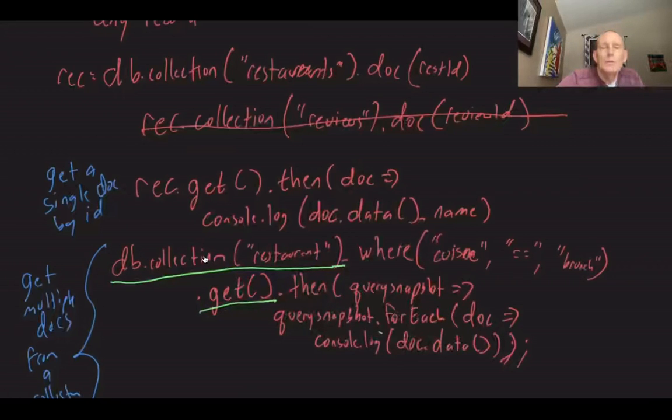And then we also have an option of sorting. In the sorting case, you would do ordering. So basically, if you want to do sorting, you would do a collection, top level db.collection restaurants.